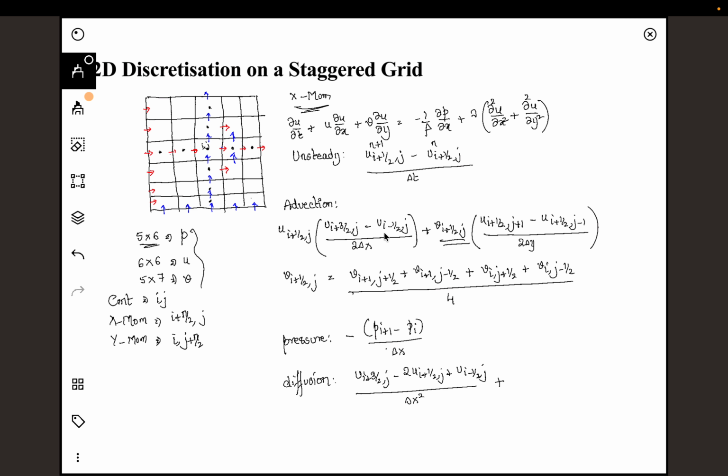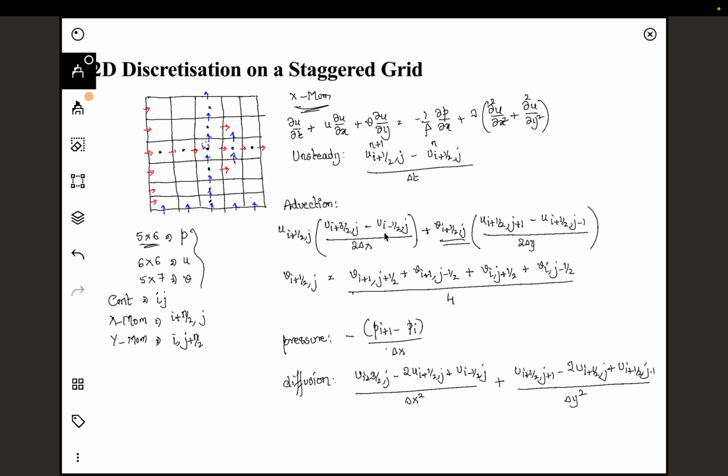So these 3 points we should be using. So that should give me u i plus half j plus 1 minus 2 u i plus half j plus u i plus half j minus 1, by delta y squared.